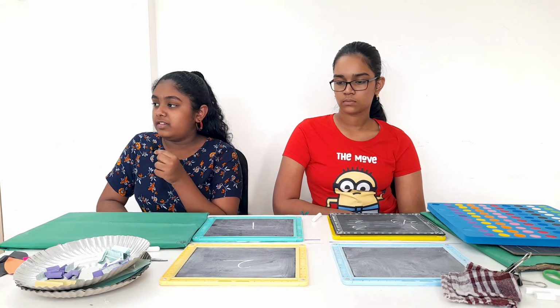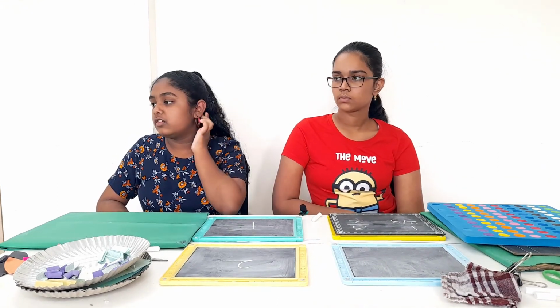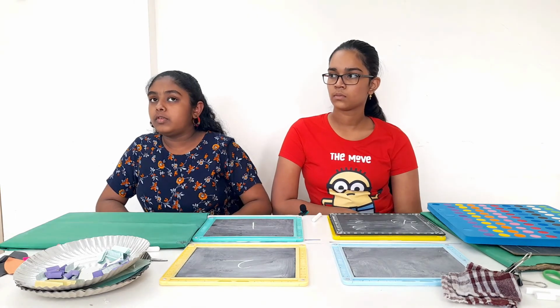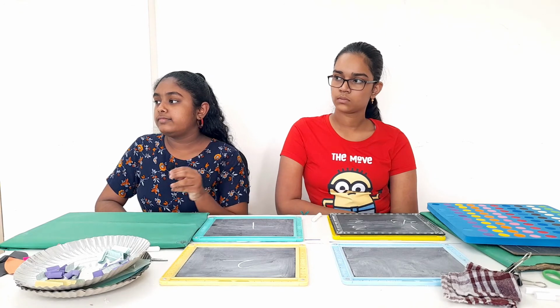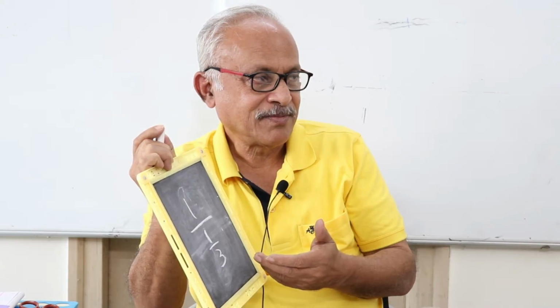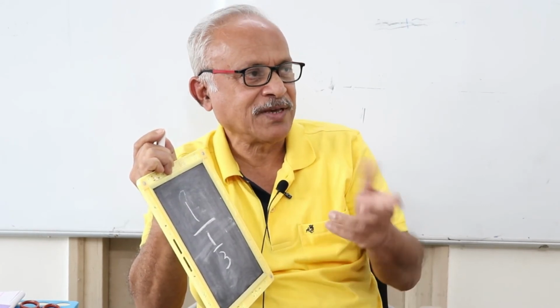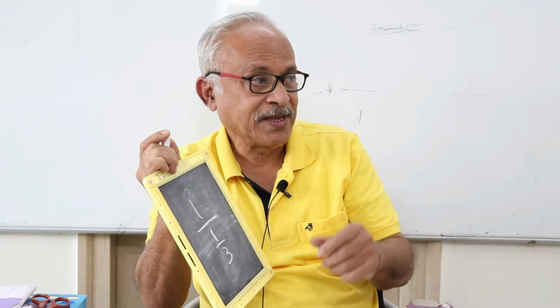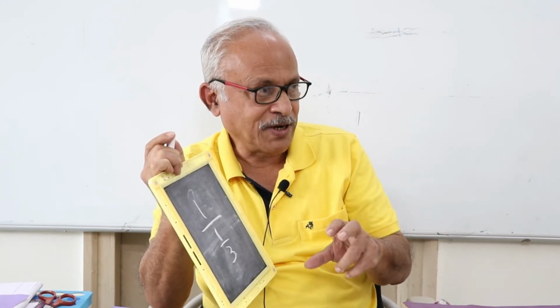Okay? 3 by 1. Correct. 1 divided by 1 by 2 was? 2 by 1. 1 divided by 1 by 6 was? 6 by 1. So I just invert the fraction. I write 1 by 6, I write it as 6 by 1. Now we see that 1 divided by 2 by 3 is 3 by 2. I just invert it.